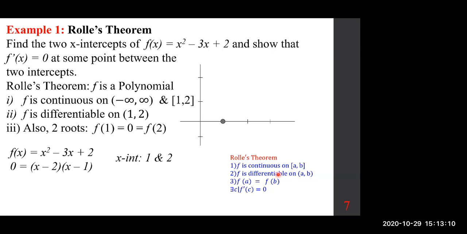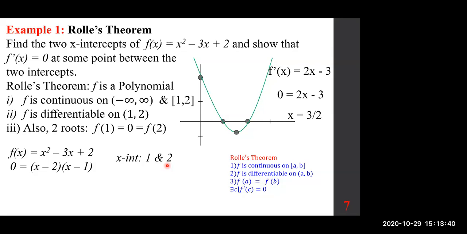As far as the graph is concerned, it looks something like that. So f prime is 2x minus 3, set it equal to 0 and x becomes 3/2. Very straightforward class. I hope everybody's comfortable with that. And as you can see, 3/2 or 1.5 is somewhere in between a and b, namely 1 and 2.